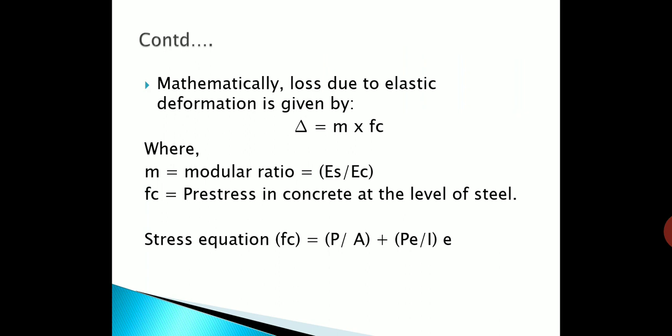Again I am repeating, Fc is prestress in concrete at the level of steel, means where the steel is there or where the reinforcement is placed, at that level what is the prestress in concrete. So Fc is given by the equation P by A plus Pe by I into, instead of y, here once again eccentricity e we have to take.